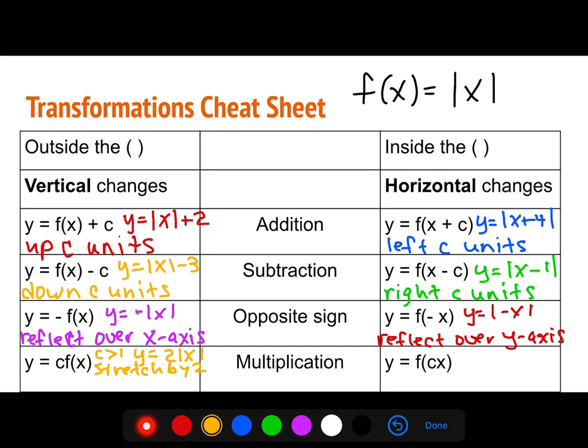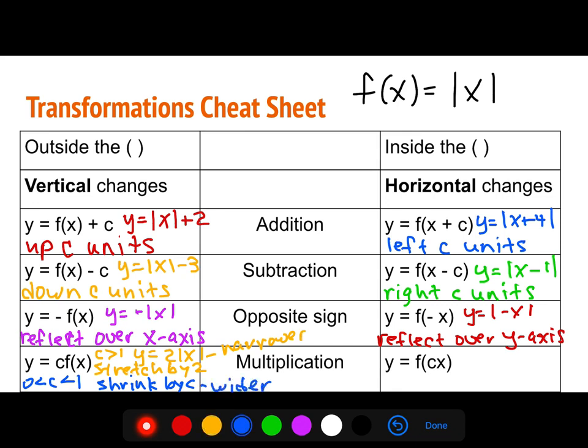It's going to make it taller. And then if it's a number between 0 and 1, so like a fraction or a decimal, that's going to be a shrink by whatever that number is. Another way to think of those is narrower and wider.